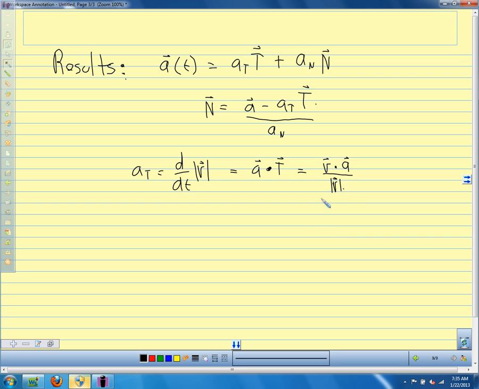So this gives us a way to find our tangential component of acceleration just from the velocity and the acceleration vectors.